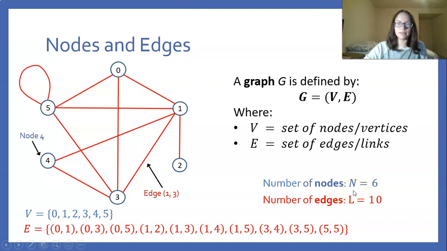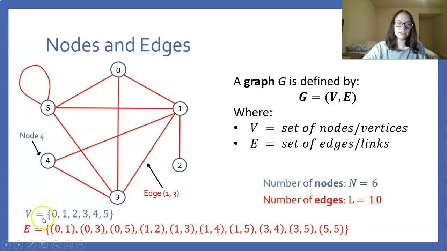We will define the number of nodes to be N, a capital N. In this graph right here, we have N equals 6 because there are 6 nodes: 0, 1, 2, 3, 4, 5. And we'll define the number of edges to be L. L is equal to 10 in our graph right over here, because there are 10 edges. At the bottom, we've listed the sets explicitly.